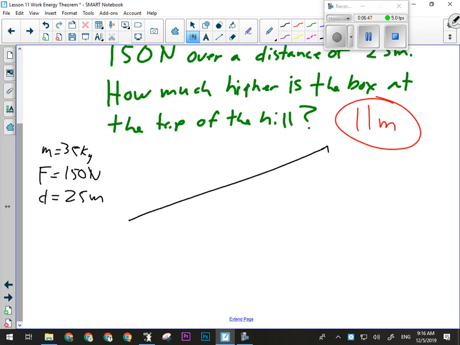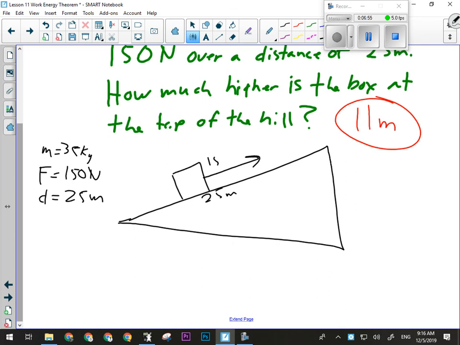So this is our situation. We have a 25-meter long ramp with a box on it that's being pushed with 150 newtons worth of force up the ramp. When I do this, what I'm actually doing is changing the gravitational potential energy from the bottom of the ramp to the top of the ramp.